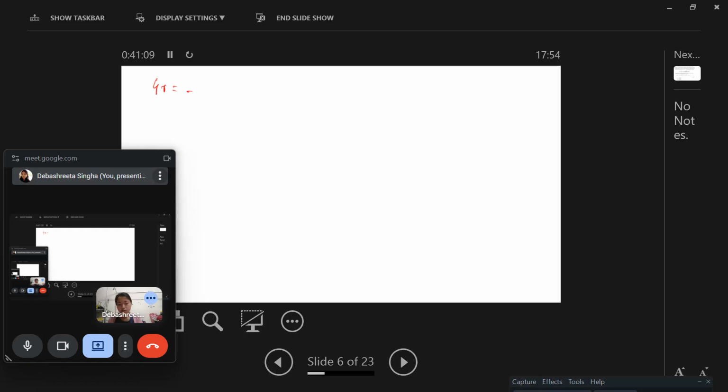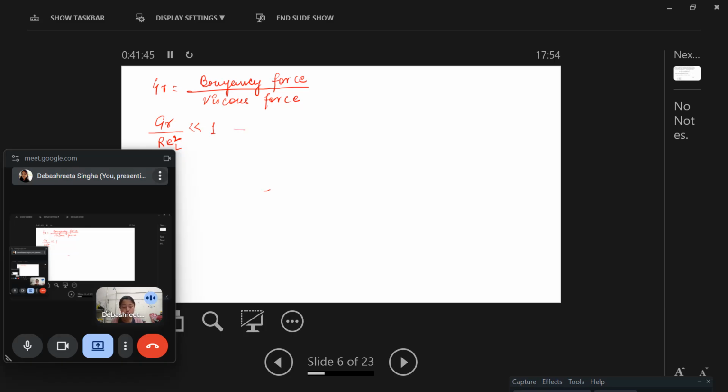Then Grashof number divided by Reynolds number square. If this is less than 1, if this is greater than 1, what all it denotes, you can go through that.